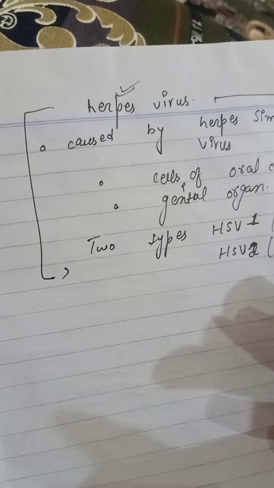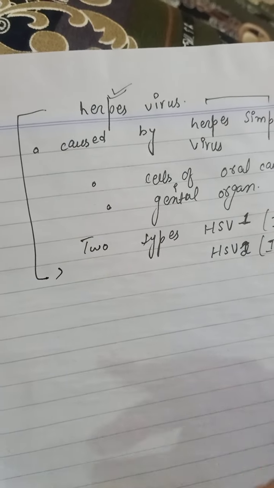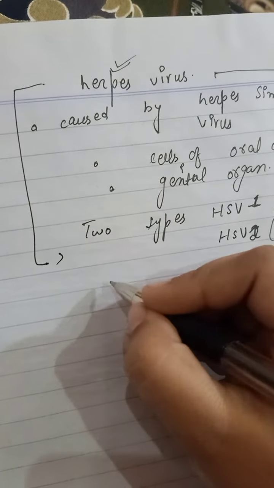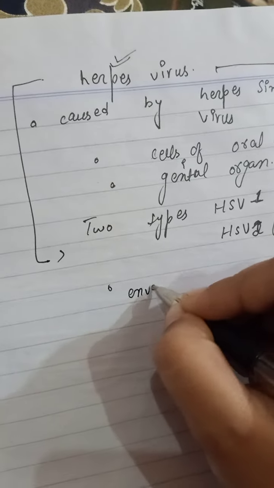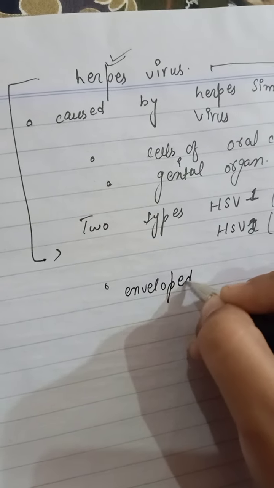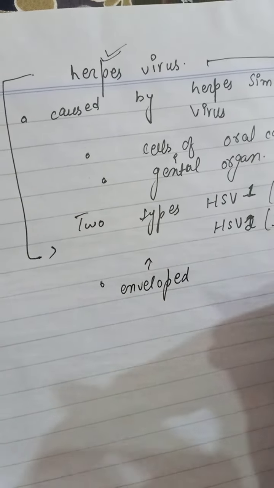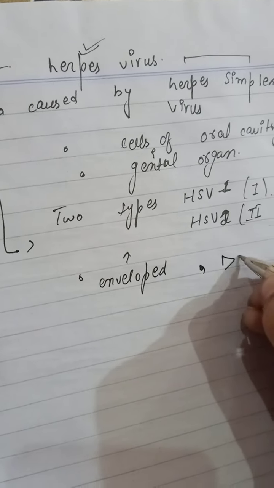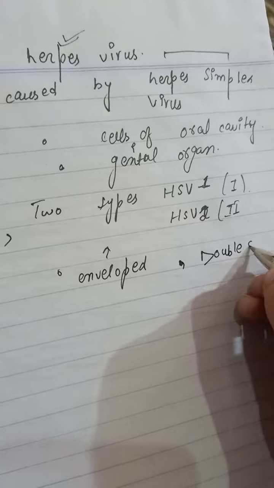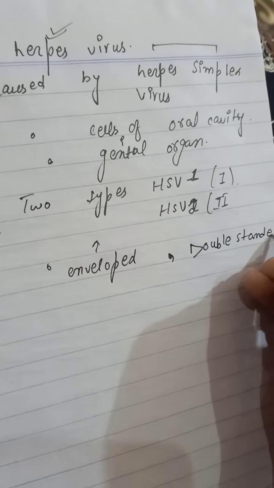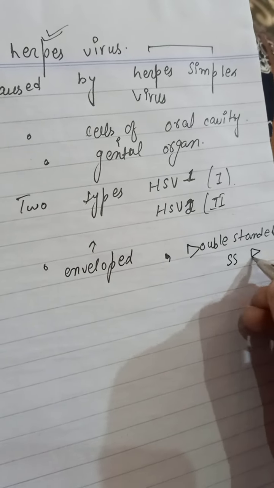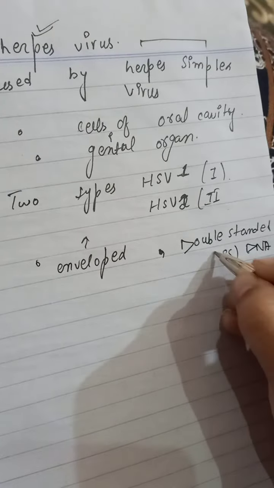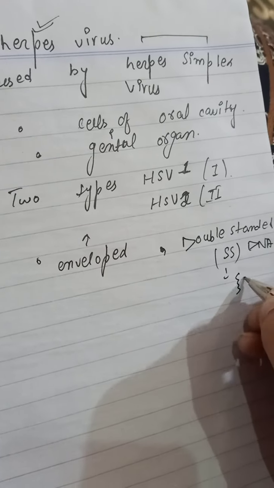First of all, let's talk about the genome of the herpes virus. They are enveloped, which means they are sensitive in nature, and they have double stranded DNA.